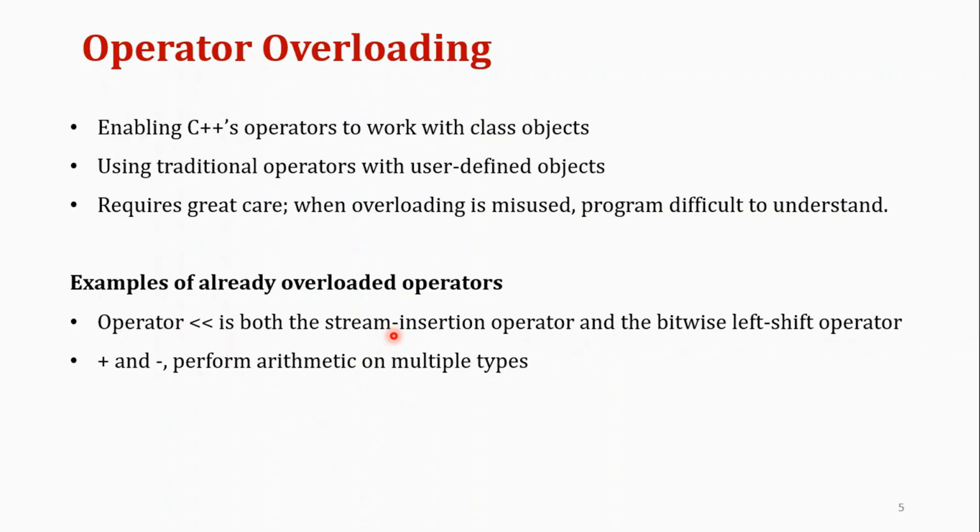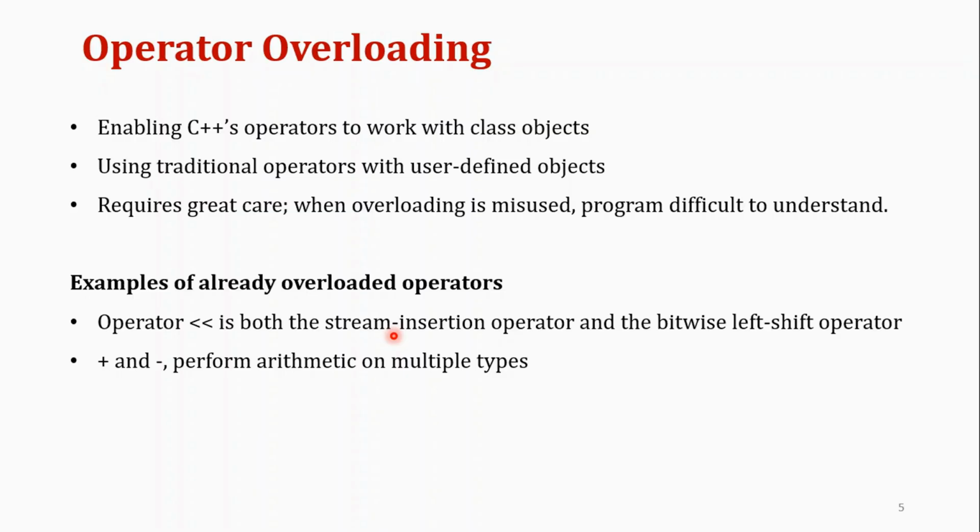From the classes we get objects, which are user defined, so the overloaded operators work with the objects. It needs great care when overloading, and if overloading is misused, a program is difficult to understand.